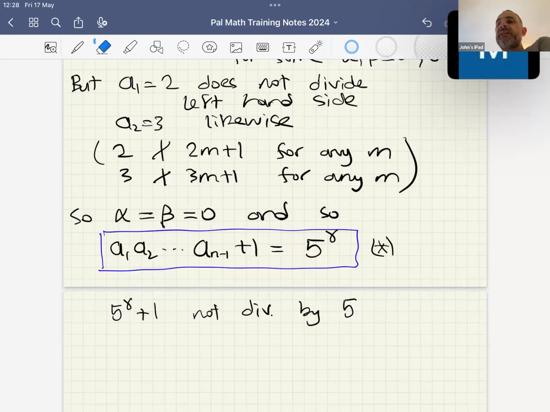But you have done something significant here, because it's not plus 1 you need to look at, it's minus 1. What can we say about that number?